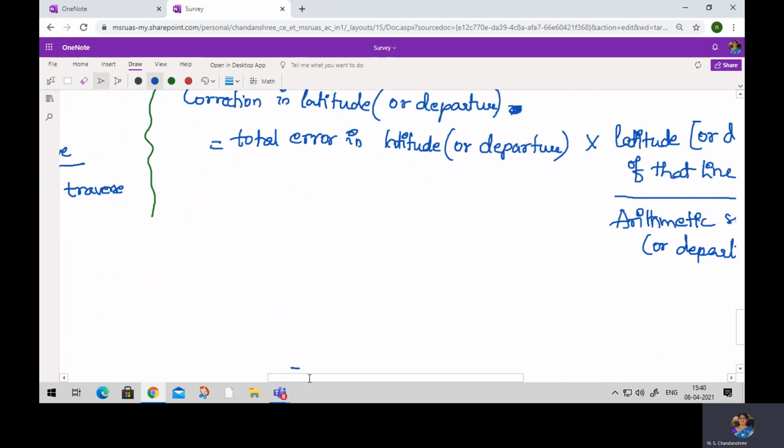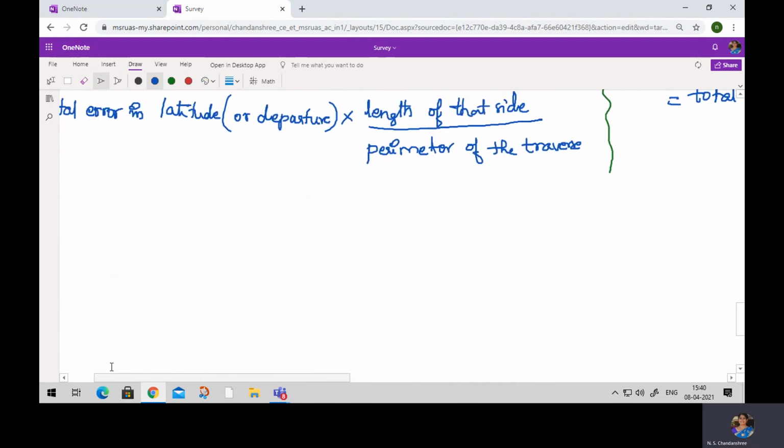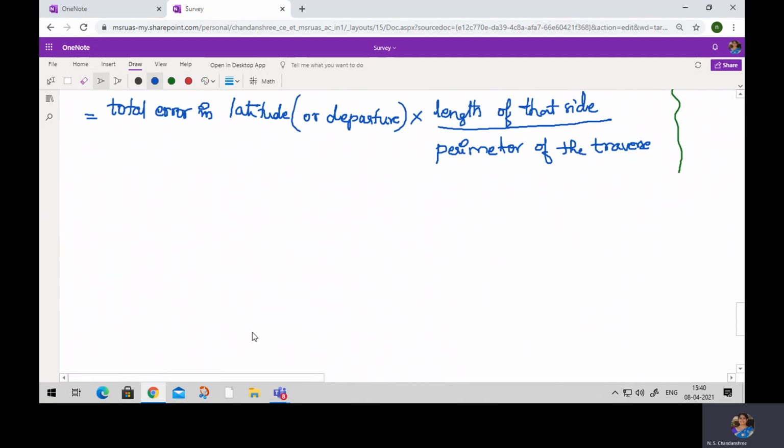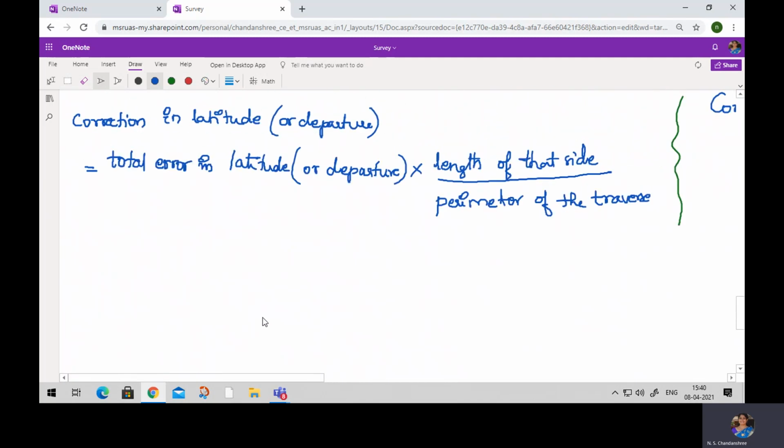So now these are the formulas which we use in Bowditch's rule and the transit rule.